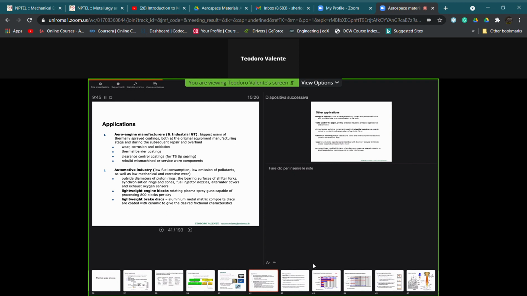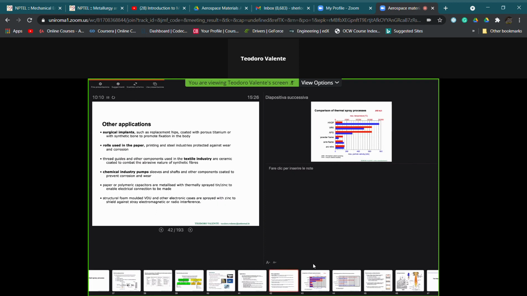In the case of brake discs, there are examples of aluminum matrix composites reinforced, for example, with ceramic particles, which are coated using ceramic coatings in order to have both the desired friction properties and the resistance to high temperature, which is developed during the braking phase.